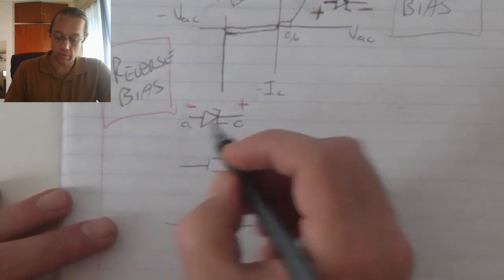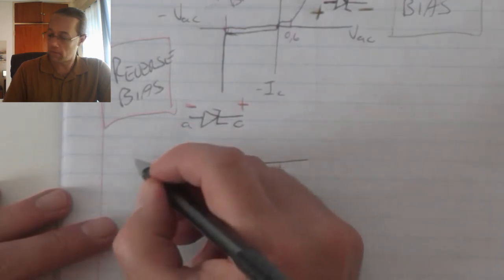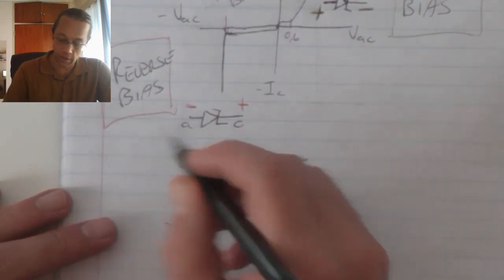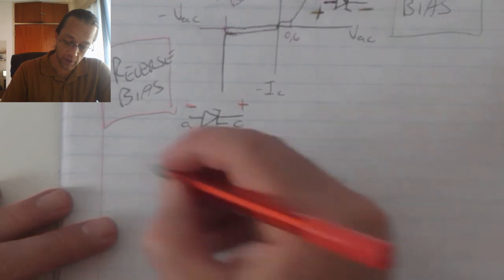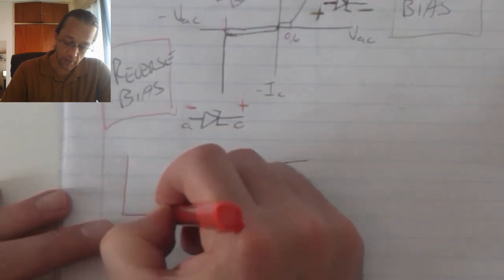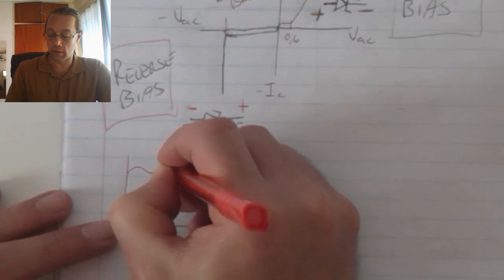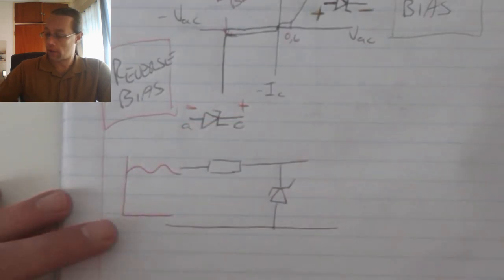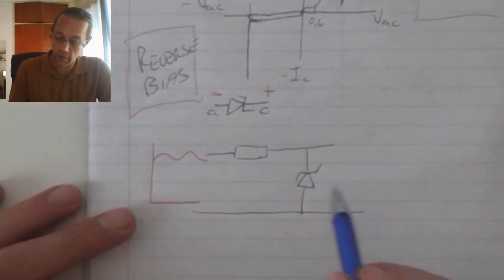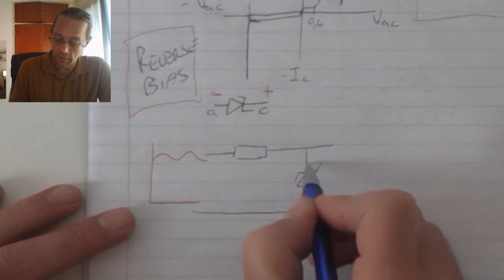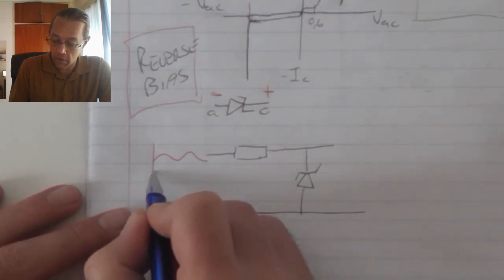and when I supply a voltage, let's accept that the voltage I am supplying over here is like that, my Zener diode will have a set voltage, let's say at that level.